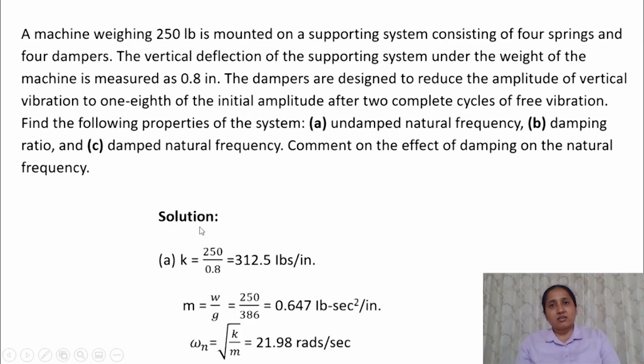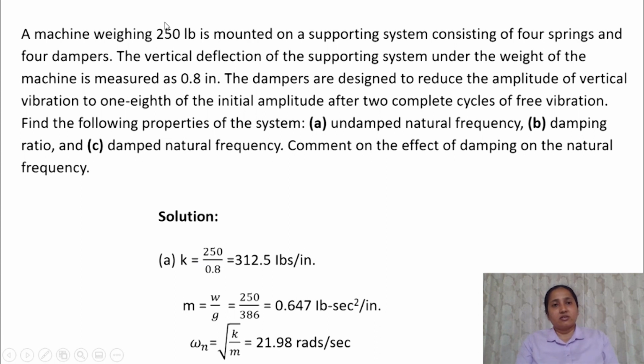The weight is the force acting on the springs. It is getting deflected because of this force. So, the stiffness is the force by deflection. The weight is 250 pounds, so this would be 250 by the deflection given as 0.8. So, we can calculate the stiffness of the system.